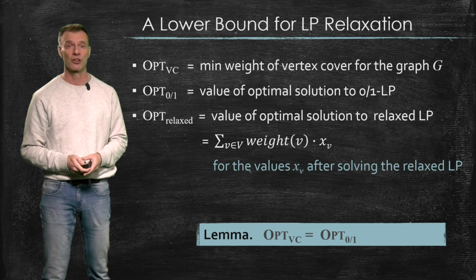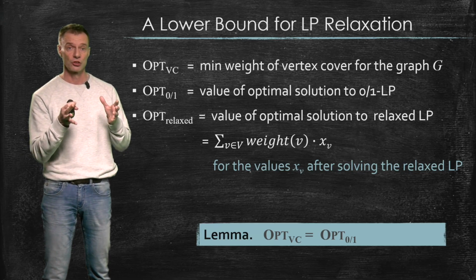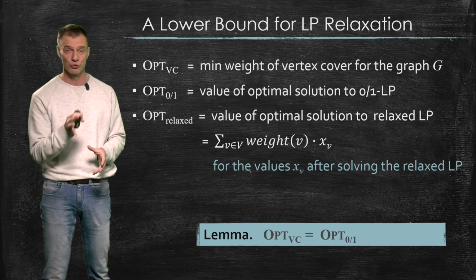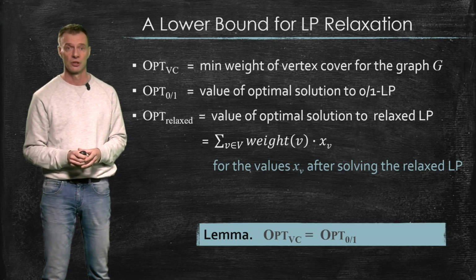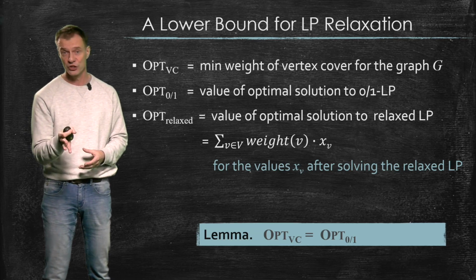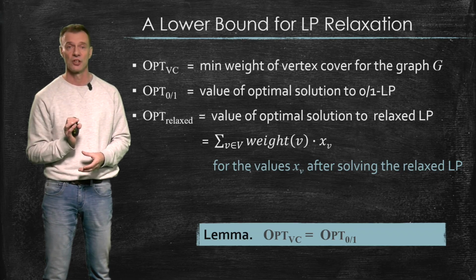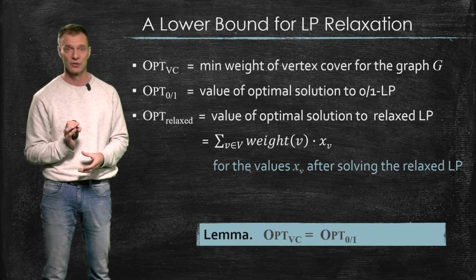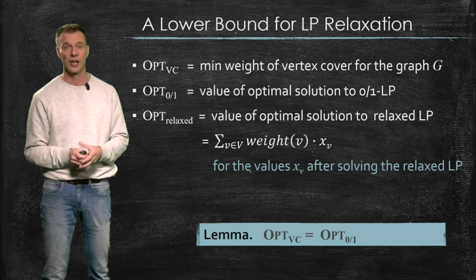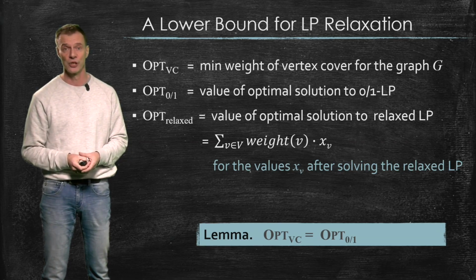Now if we look at our opt relaxed, the value of the solution for the relaxed version, which is the sum over all vertices of the weight of that vertex times this decision variable xv, this value, as we just saw, was at least as good as the opt for the 0,1 LP.